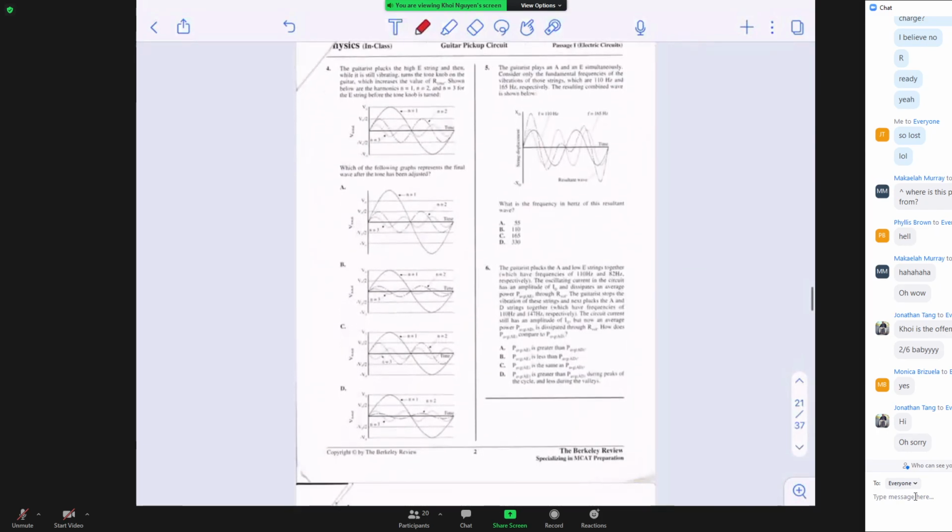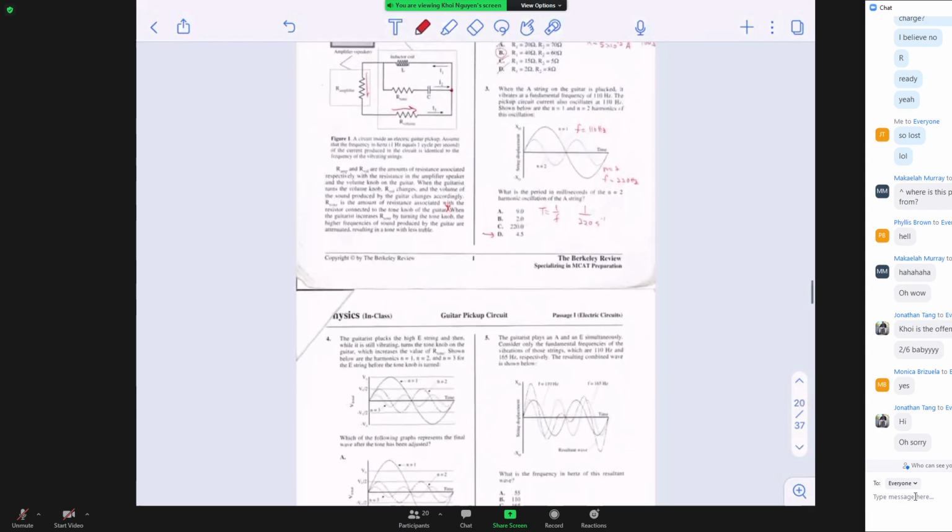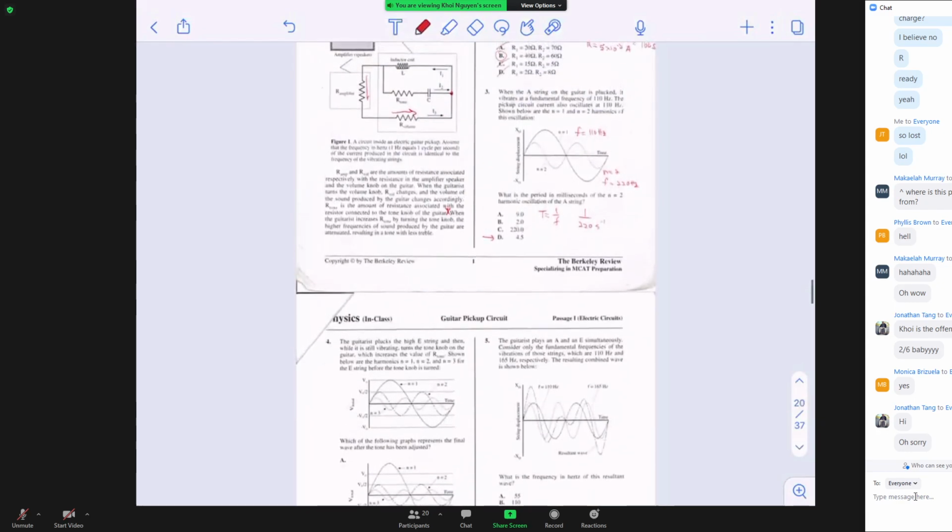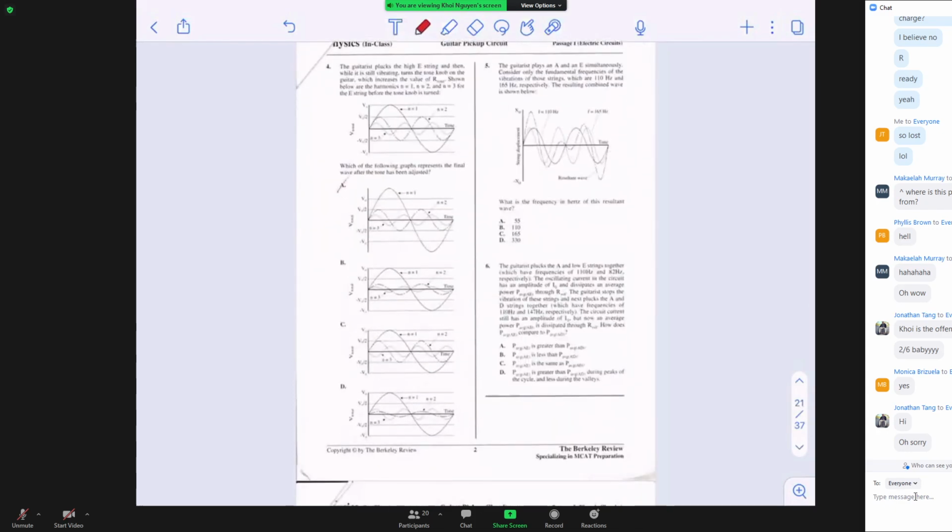So we're going to try to decrease all the relative amplitudes of each of these for the higher frequencies. So it doesn't affect the fundamental. The fundamental should still be the same. So that gets rid of A. It should make it less. C is still the same for N2.